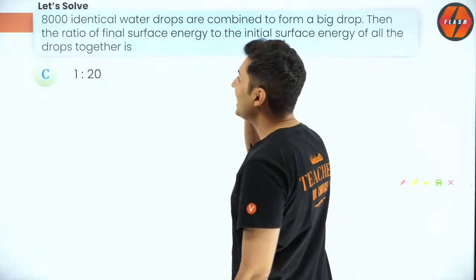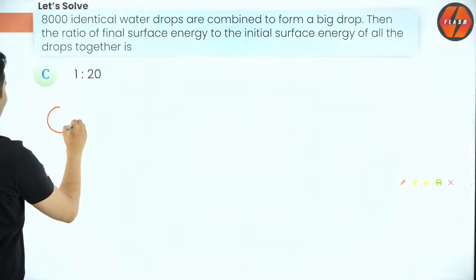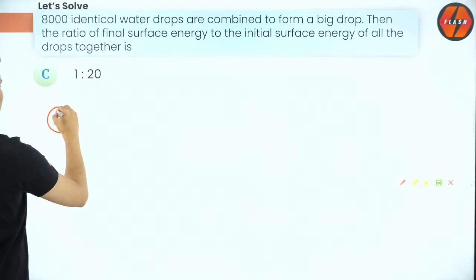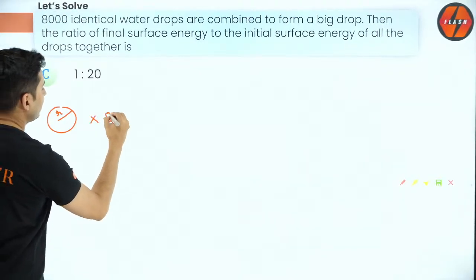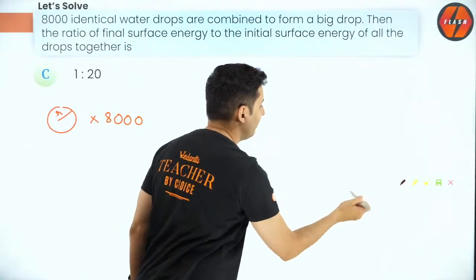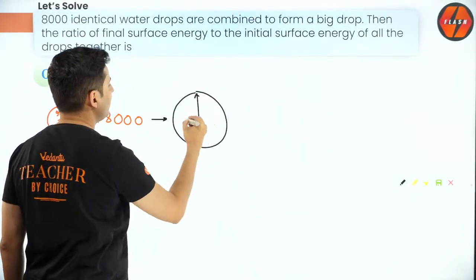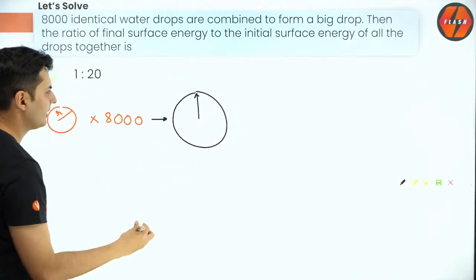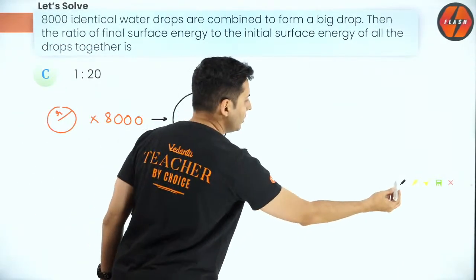Okay, so 8,000 identical water drops. Each drop, if you assume its radius to be small r, you have 8,000 of them. When they form a bigger drop, what will be the new radius? Let's assume it to be capital R. Just use volume conservation.